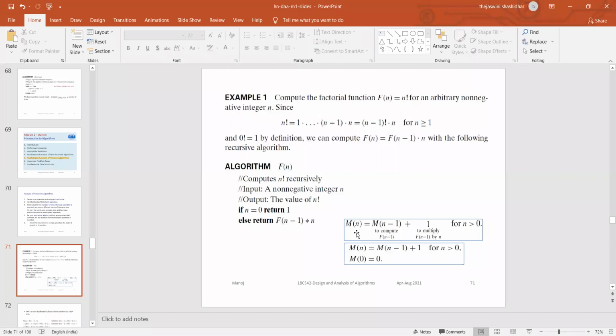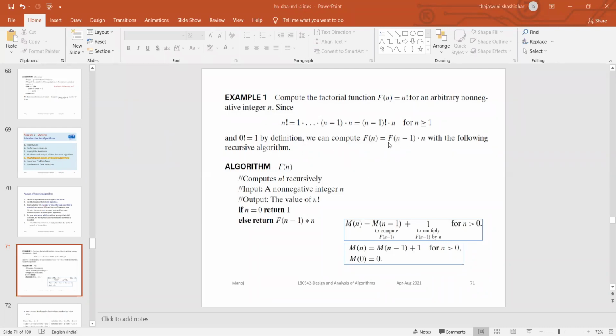For n greater than 0, this is the formula you take. So m of n is equal to m of n minus 1 plus 1. This is the recurrence relation. So what is the recurrence relation? It is m of n is equal to m of n minus 1 plus 1. How do you get this particular thing? By using this particular formula.